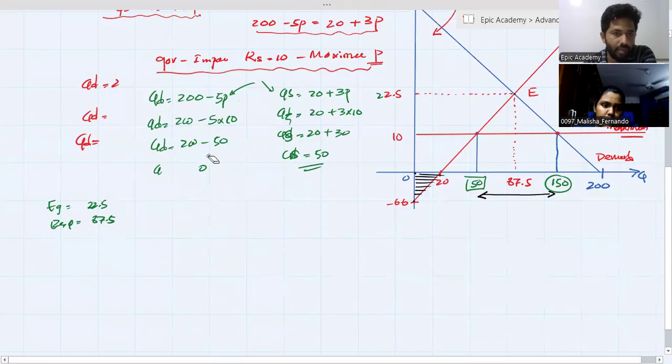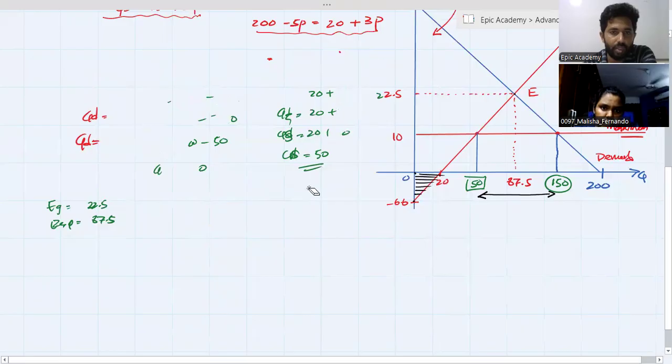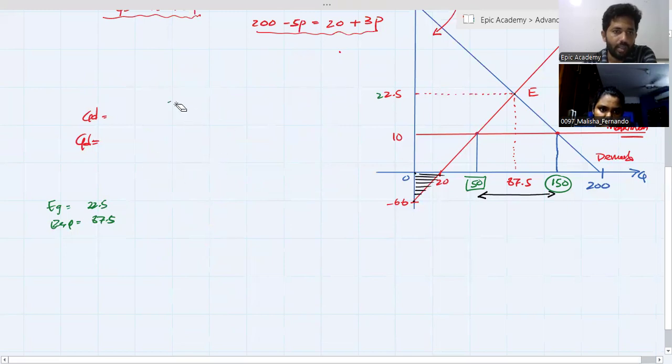I will write down one by one what will happen after imposing that kind of maximum price. First one is shortage. It is equal to 100. This is the first impact.